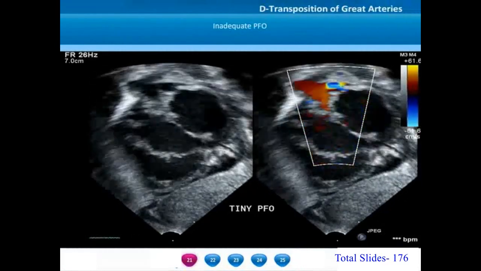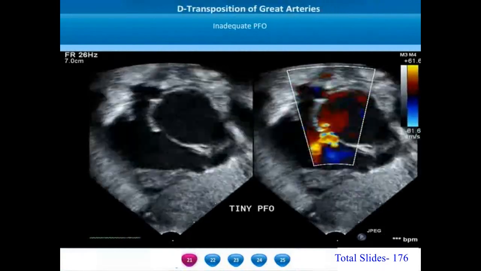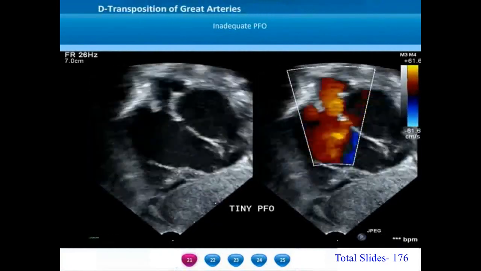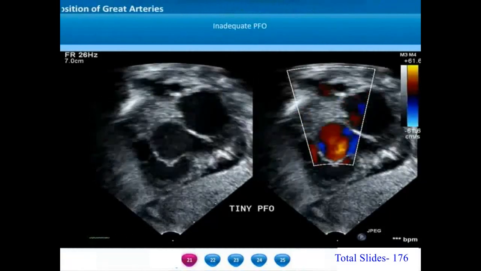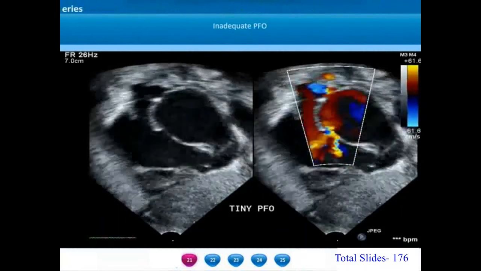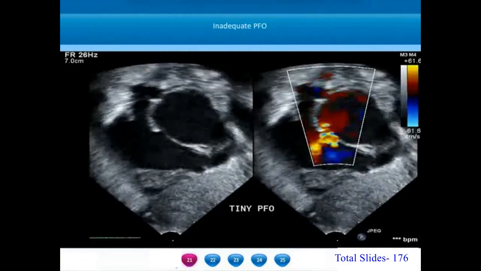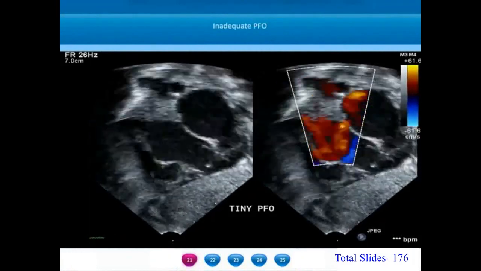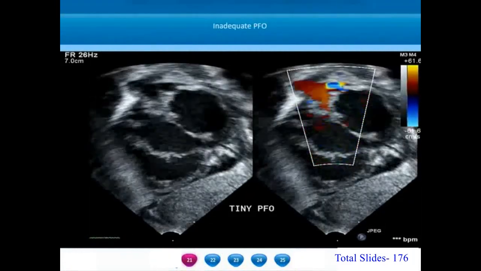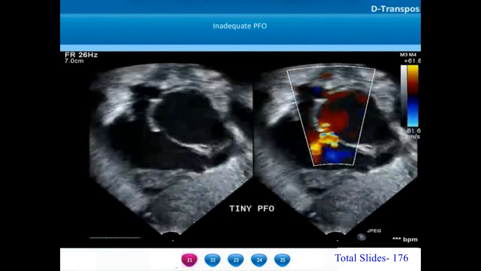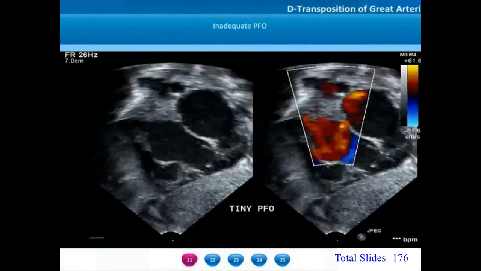The quantum of blood that is flowing from the left atrium into the right atrium will be the effective systemic cardiac output. The quantum of blood flow that is coursing from the right atrium into the left atrium will be the effective pulmonary outflow.